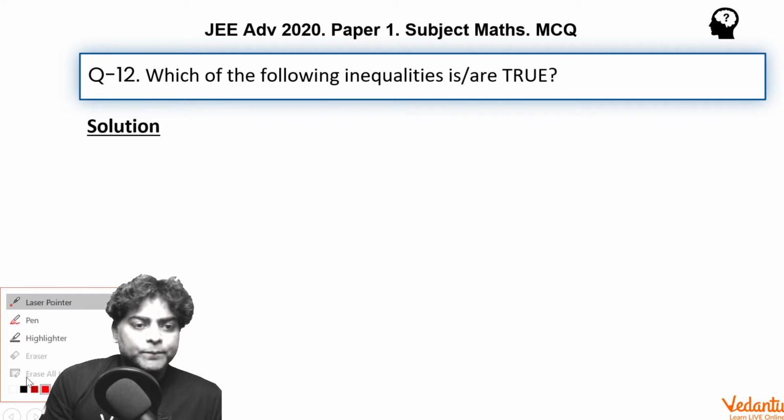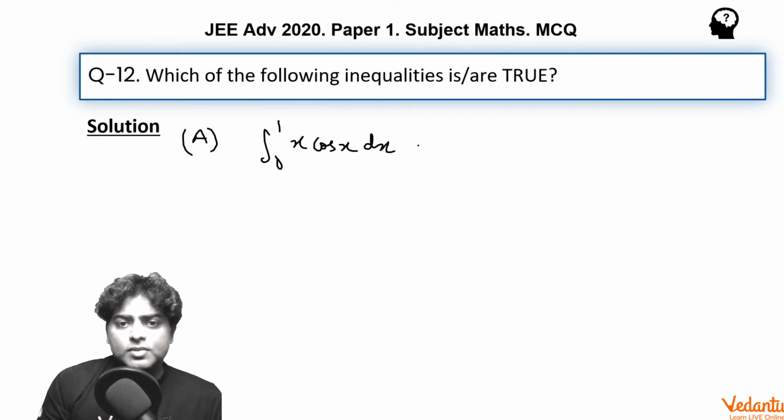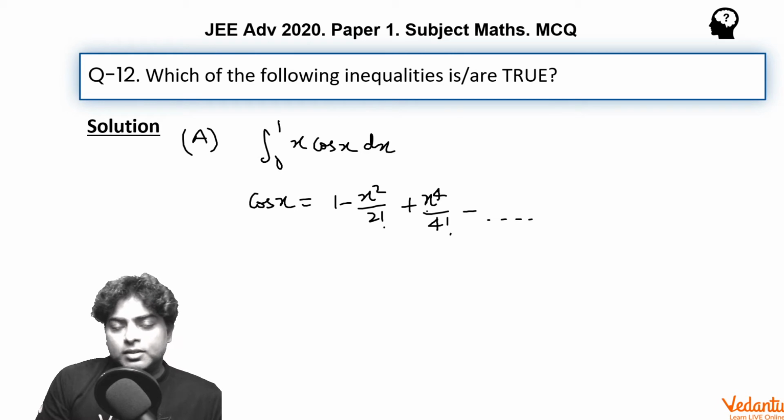See, as far as option A is concerned, integral 0 to 1 of x cos x. According to the expansion of cos x, we can write 1 minus x square by 2 factorial plus x raised to power 4 by 4 factorial minus, and so on. The next term is x raised to power 6 by 6 factorial.